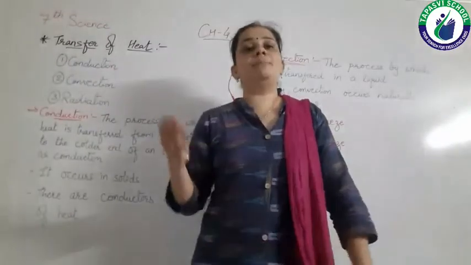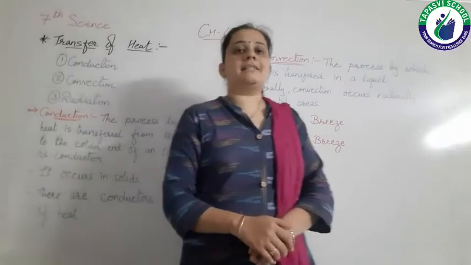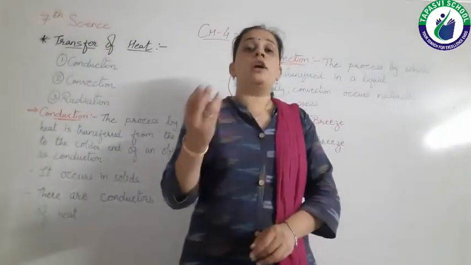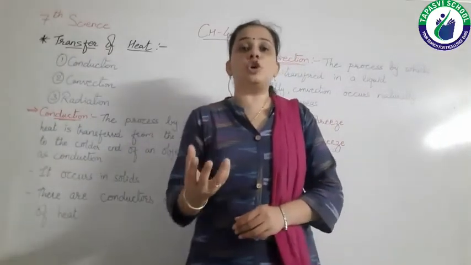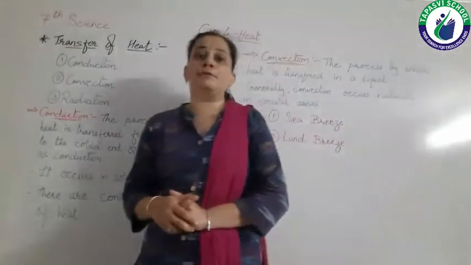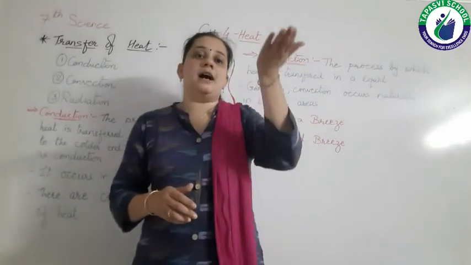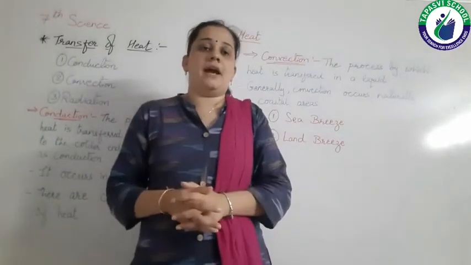When we boil any liquid, the water gets hot. The water which is near the source of the heat will get hot first. Hot water rises up, as we all know, right?